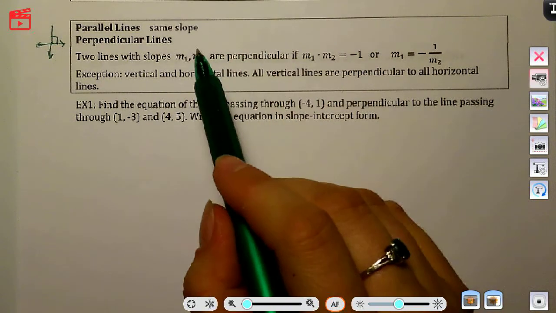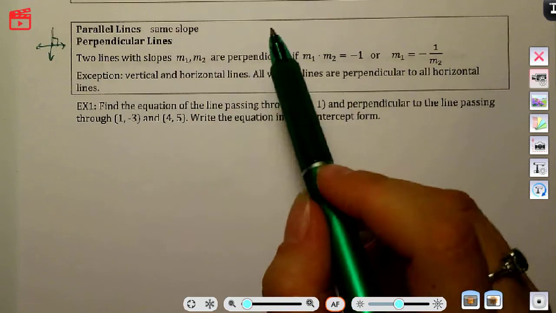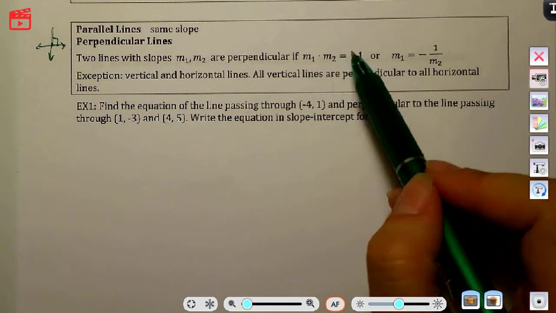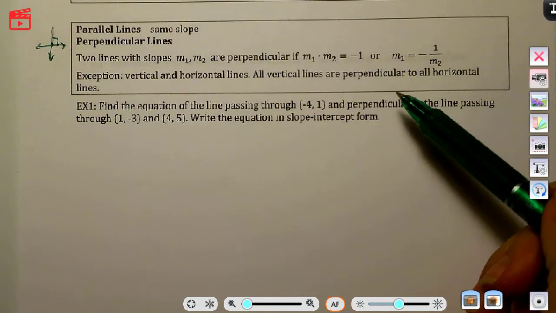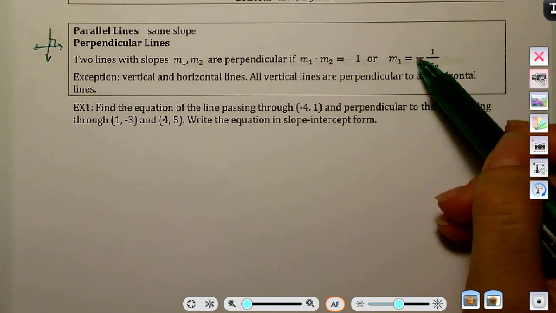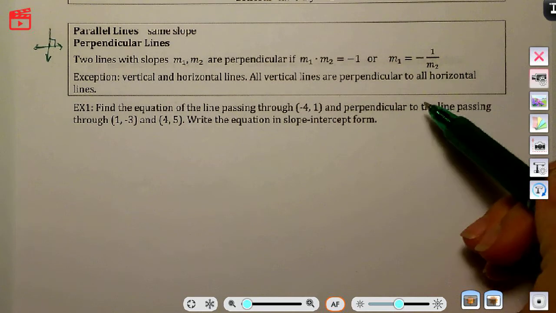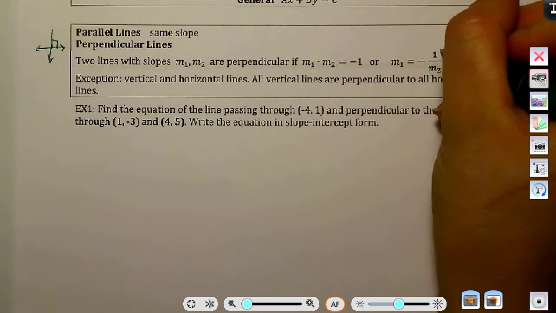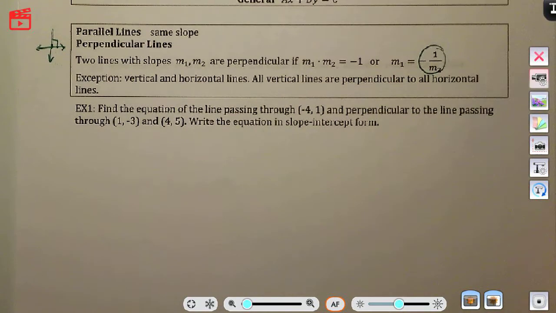So two lines that have slopes m1 and m2 are perpendicular if, when you multiply their slopes together, you get -1. Or another way to check would be the slope of one equals the opposite reciprocal of the other one. Most of the time, the way we remember it is if they're perpendicular, it's the opposite reciprocal.